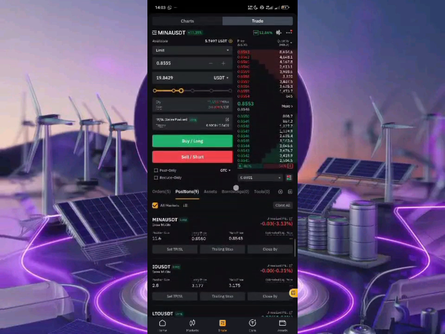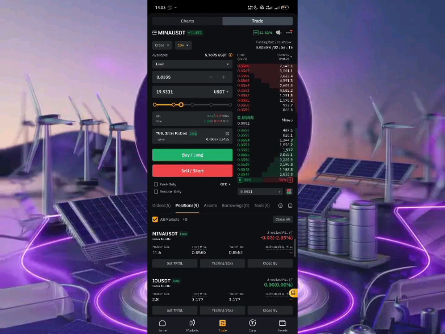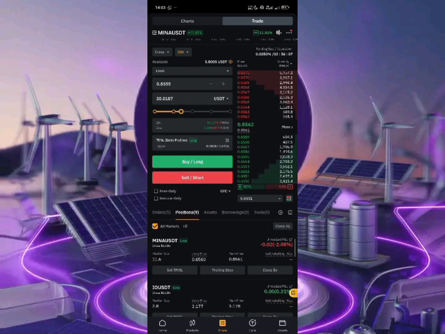Now looking at Mina, I bought it. My entry price is, look at my position size. That means I used $1 to buy Mina with cross times 10x. Now I'm holding 11.6 pieces of Mina here. My entry price was 0.8580. Now the mark price, which is the current price of the coin, is 0.8559, and I'm losing $0.01.